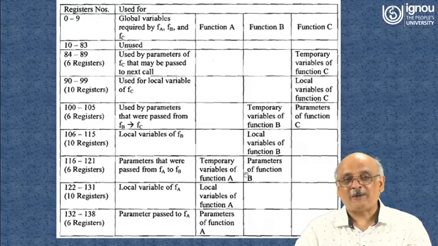So there is an overlap of registers between A and B. Whatever parameters function A has to pass to function B will be in those temporary registers, and they are also the parameters of function B. The return value will also come back in this particular area.